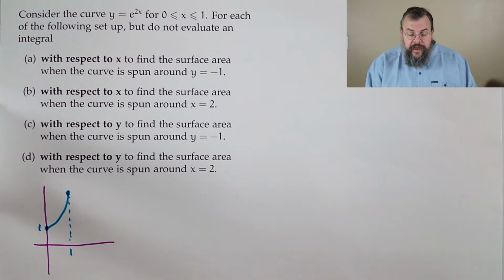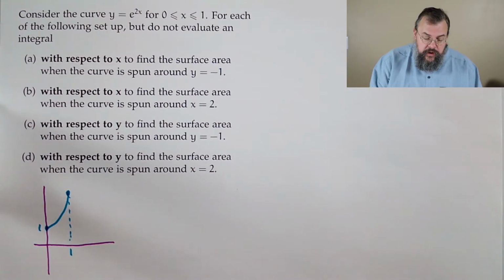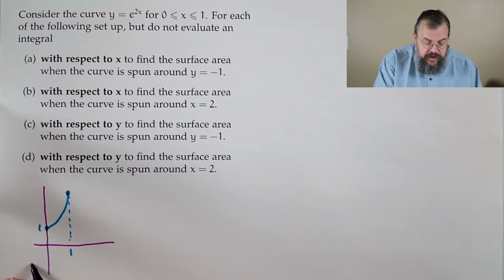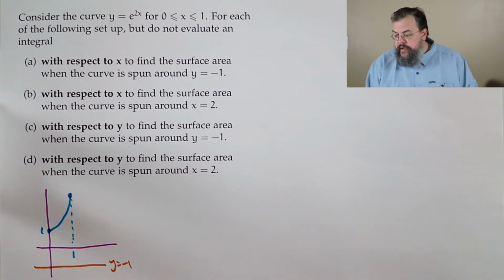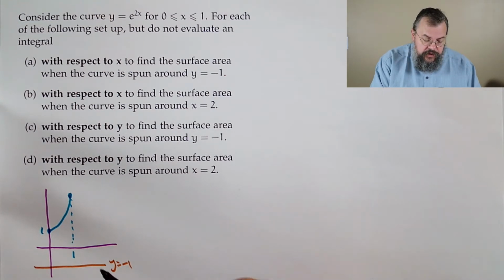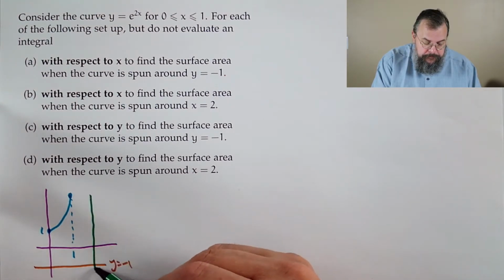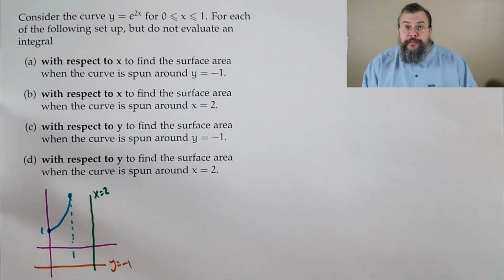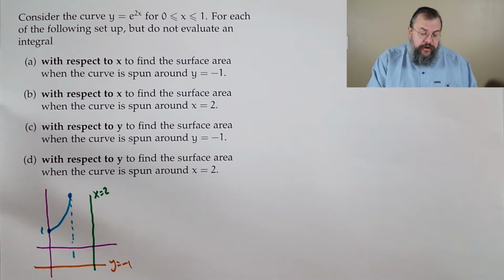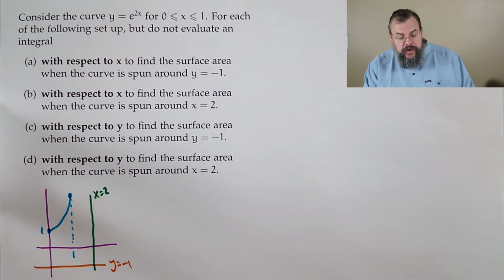Y equals -1 and x equals 2. So y equals -1 would be down here. And on the other hand, x equals 2 would be over here. All right, so now we have our picture of where we're spinning around, how it all fits together. And there's a few more things we should make note of.